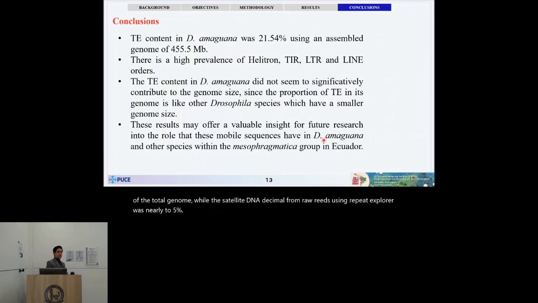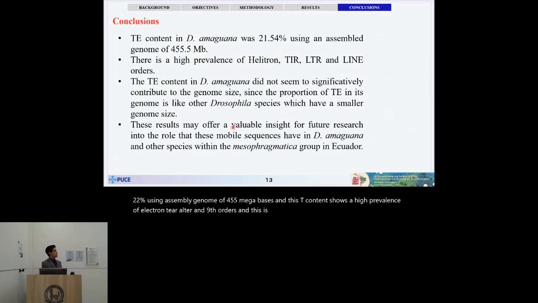With this, we established some conclusions from this work, and the main one is that the TE content was approximately 22% using an assembled genome of 455 megabases. And this TE content showed a high prevalence of Helitron, TIR, LTR, and LINE orders.